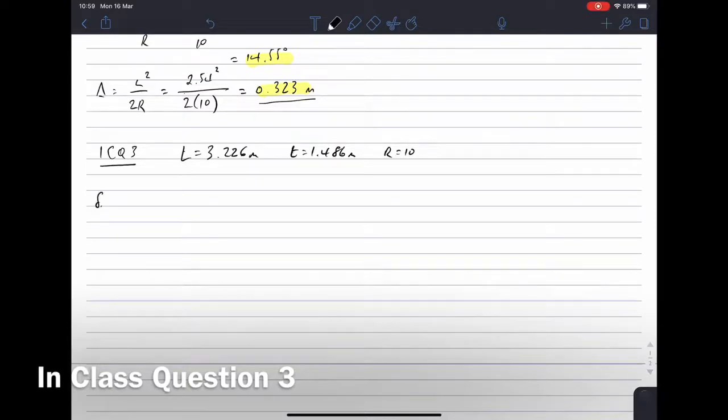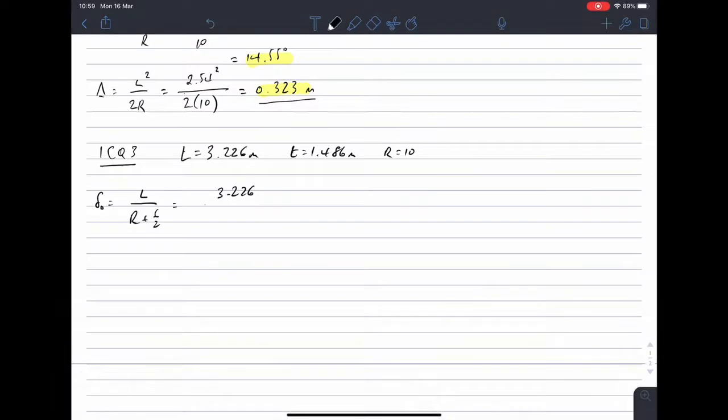So delta outer is going to be L divided by R plus T upon 2, which is 3.226 divided by 10 plus 1.486 divided by 2.